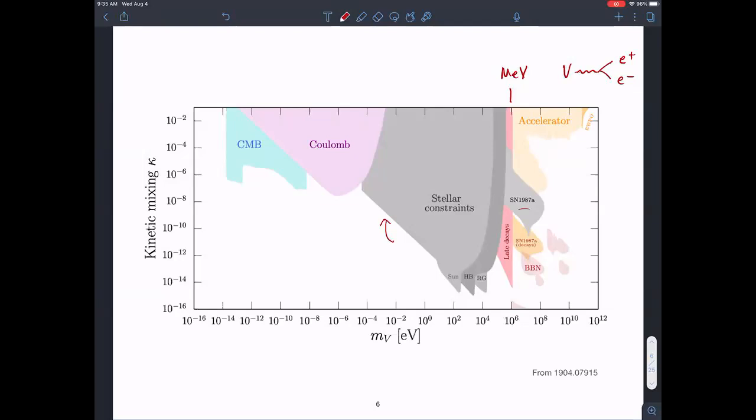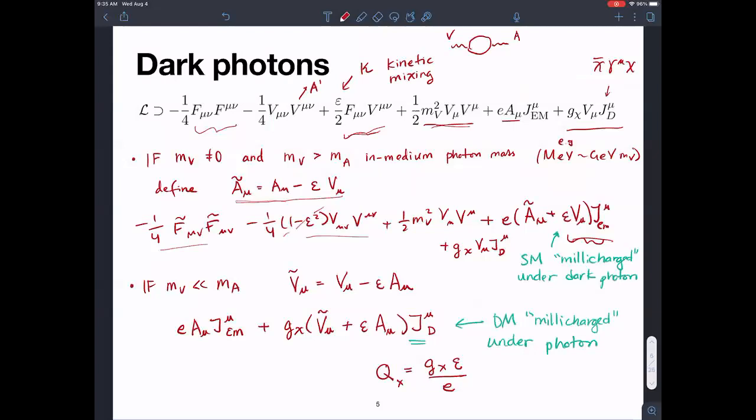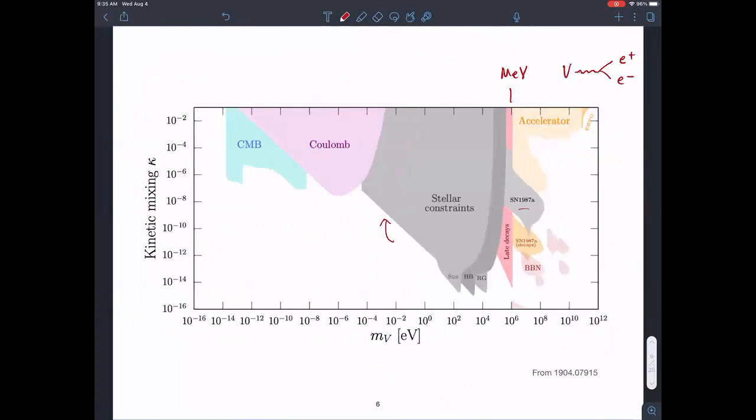In each case, you can emit the dark photon and it could escape and lead to some cooling of the star. But as we were just discussing, if the dark photon becomes more and more massless, then we're in this second limit where only the dark matter is millicharged under the photon. And if this dark matter is actually not present, or maybe it's too heavy to be produced, then the emission decouples. So this is basically why all these constraints get much, much weaker.